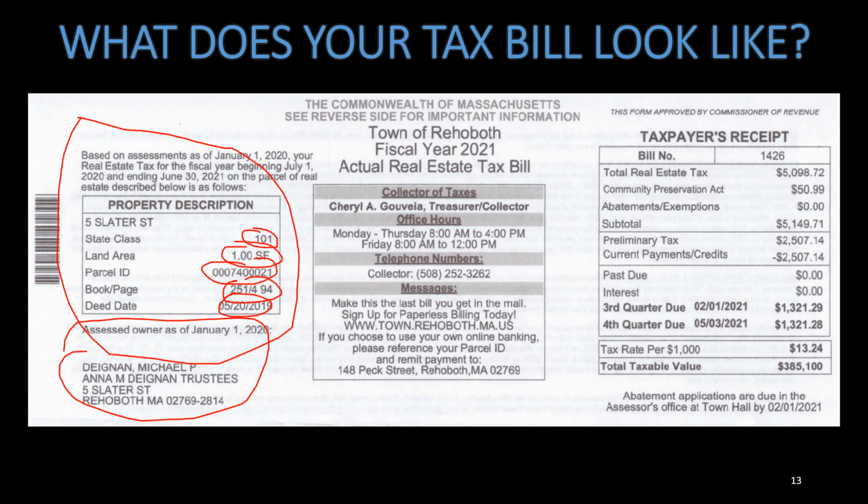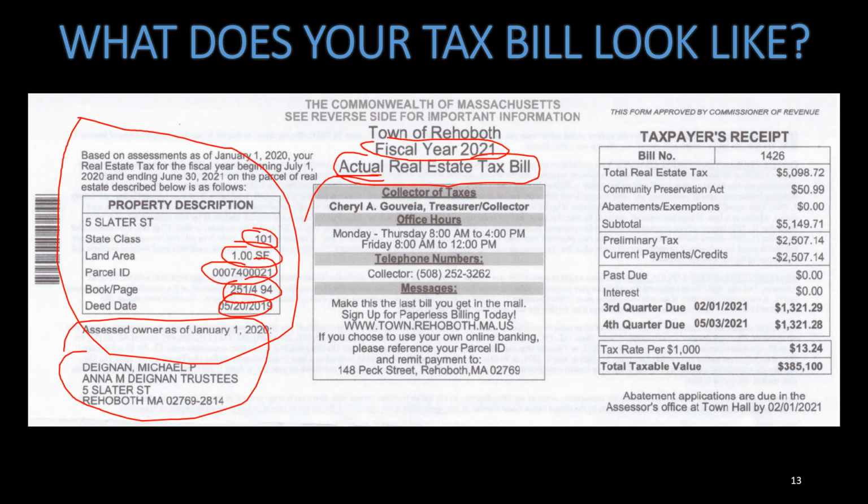The middle section of the top portion of the bill contains information as to what fiscal year the tax bill is for, the fact that this is the actual tax bill, not the preliminary. If you receive a preliminary tax bill, rather than the word actual, you'll see the word preliminary.